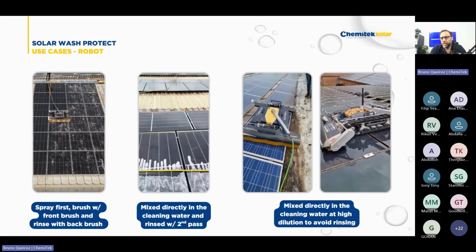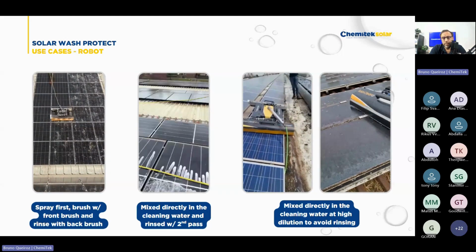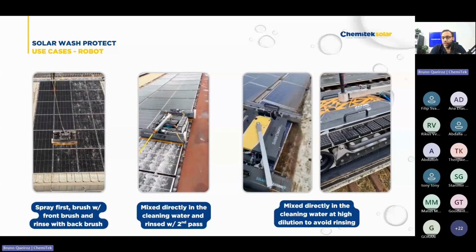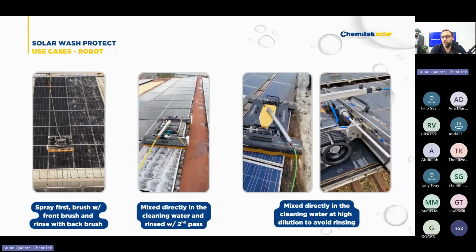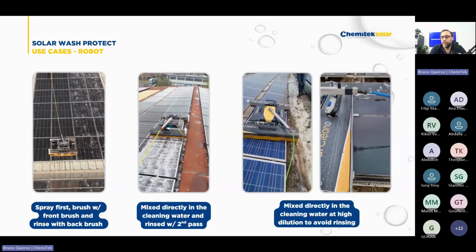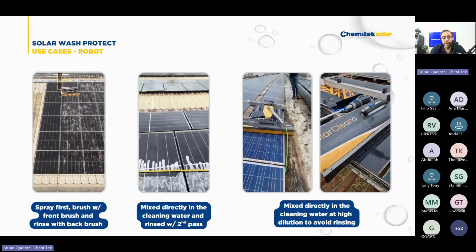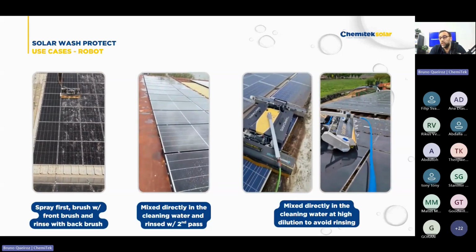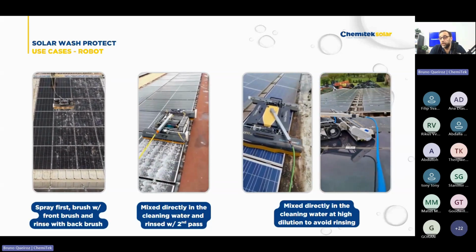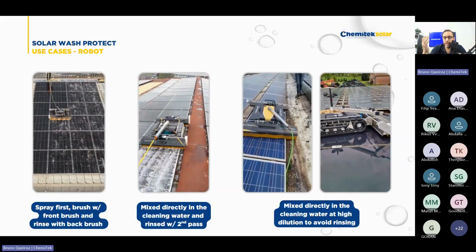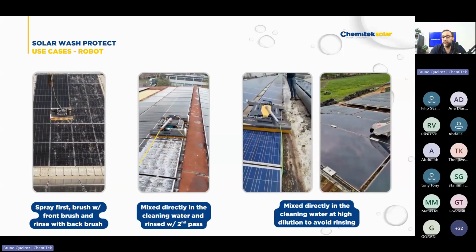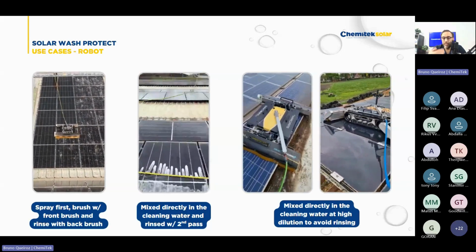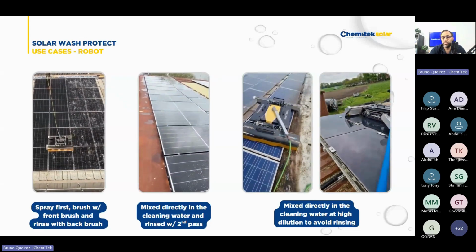So it's a very good option when you are facing tougher soiling, but you don't want to have the additional step of rinsing with the robot. So the disadvantage is that you will not get the coating on the panels because the dilution will just be too high for the coating, but you still have the cleaning capacity given by the detergent and the surfactants present in the Solar Wash Protect.